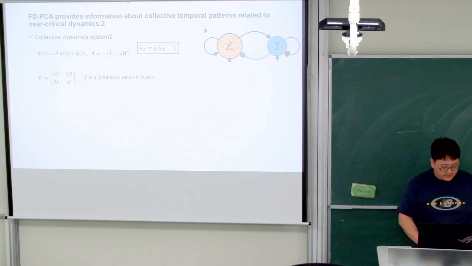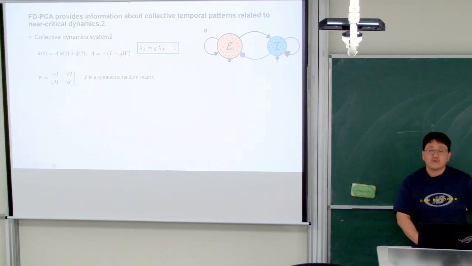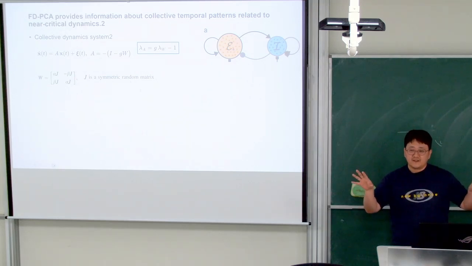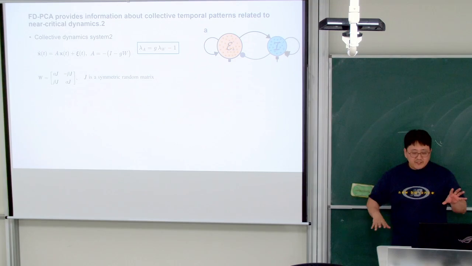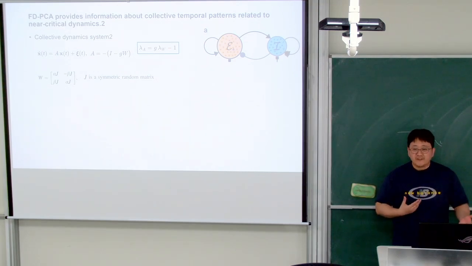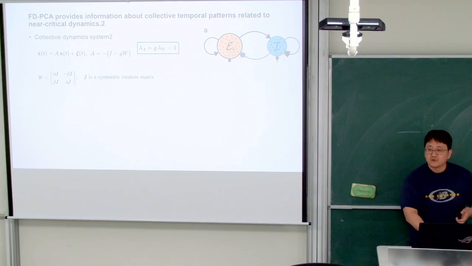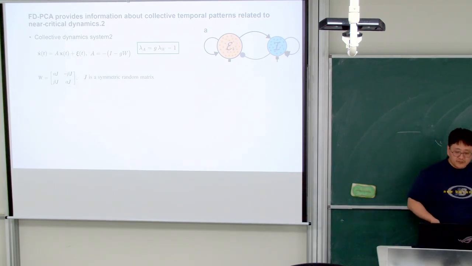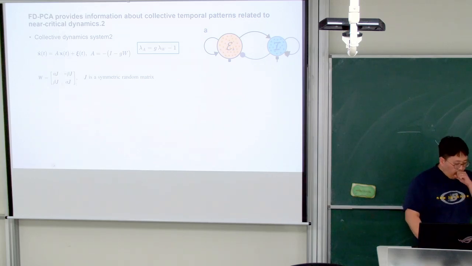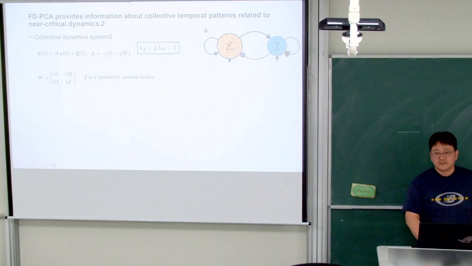So W has this structure. J is a symmetric random matrix. So you have two populations here. A population is connected to each other with random connection, right? B population also has the same structure, but they affect the other population differently.